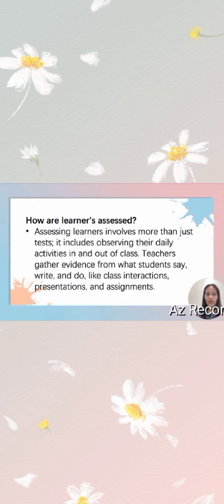It includes observing their daily activities in and out of class. So this means that the teacher not only gives quizzes or exams to assess their students, one can also assess them through oral recitations, surprise class interaction, or etc.